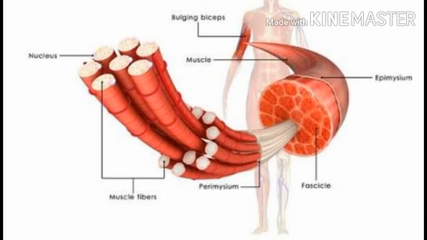If you look at the structure of a muscle, as you can see in the diagram, a muscle is made up of bundles of myofibrils, which are nothing but fibers. These myofibrils are bundled together closely into structures called fascicles. So, if you look at a muscle under a microscope, you would see muscle fibers, which are in turn made up of myofibrils.